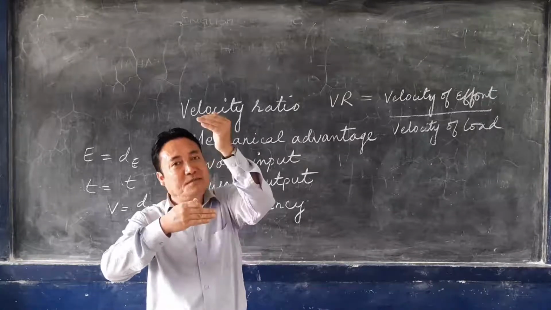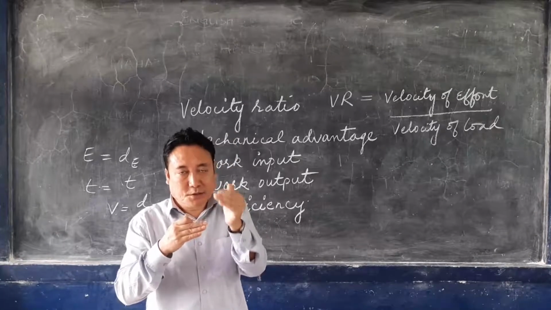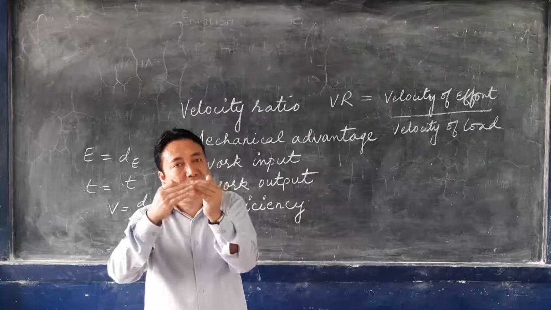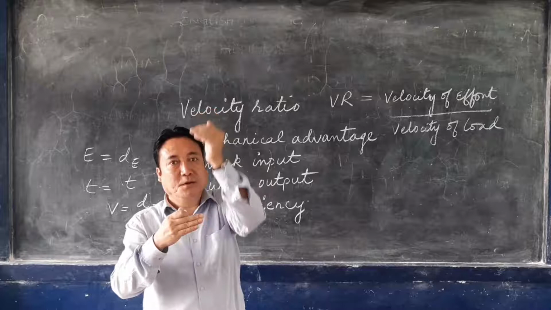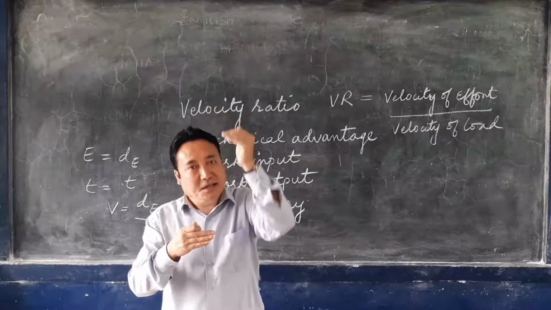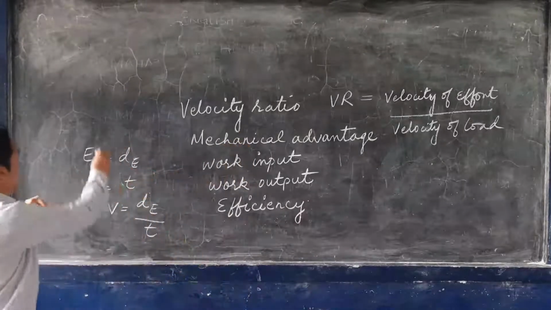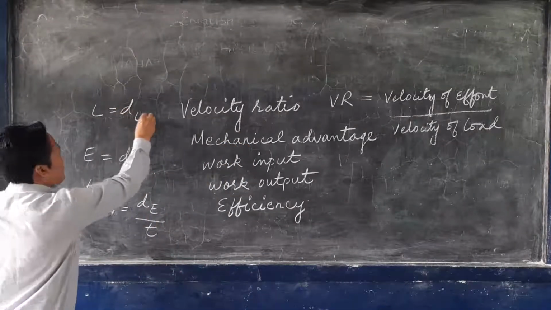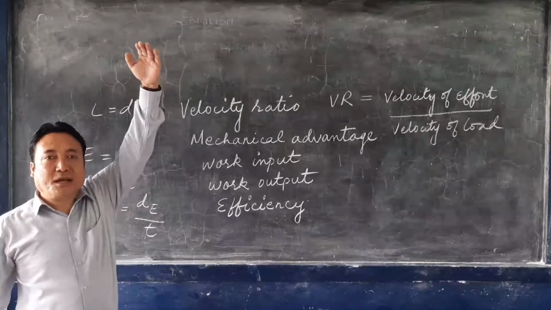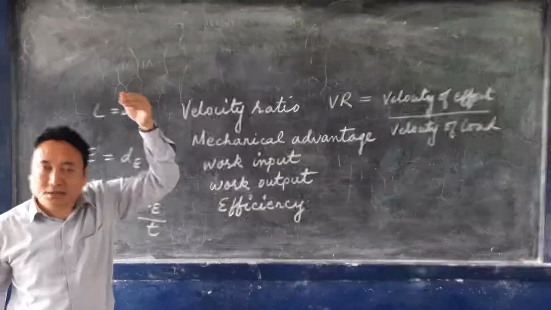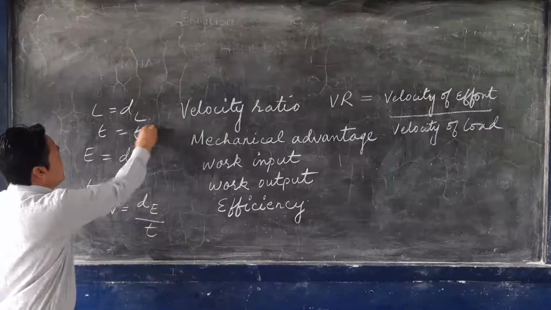Since the vehicle is a load, when the car jack lifts the vehicle, we consider the distance traveled by load. Let us consider the distance traveled by load as dL. To move the vehicle up to a certain height, it again requires some time, t.